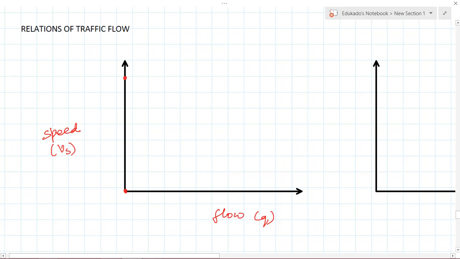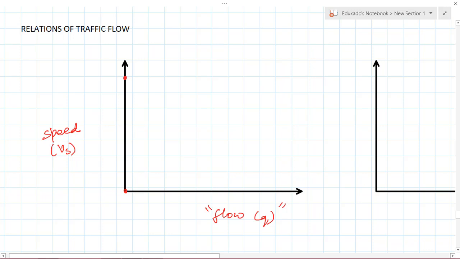Now at the initial point, the value of flow will be 0 in two conditions. Either there is no vehicle, or there are too many vehicles so that they cannot move.